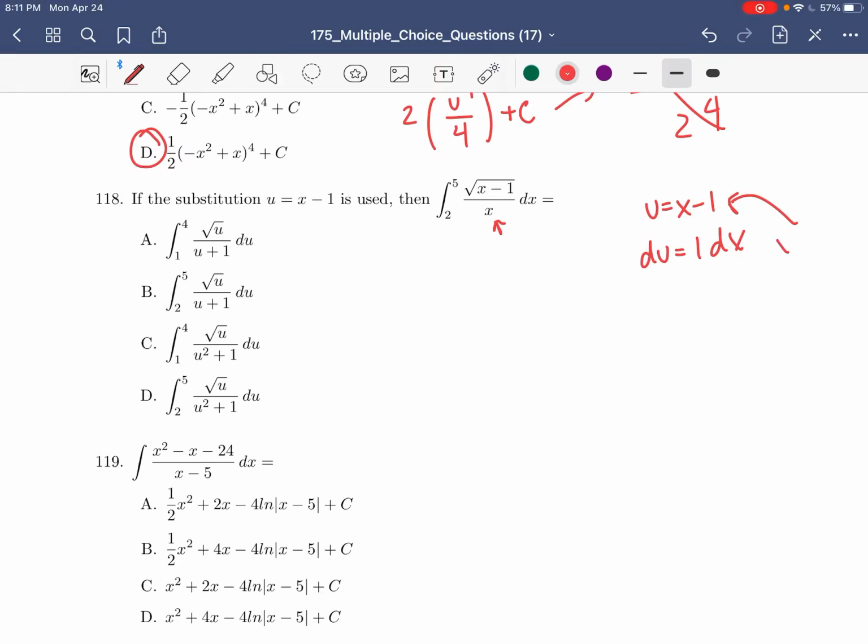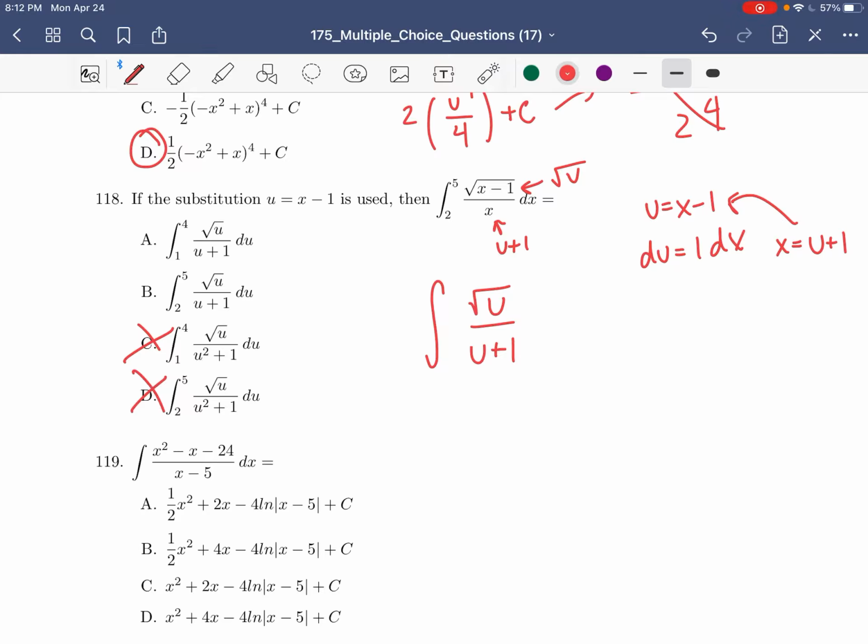So we're going to have to use that method, or we're going to change this around. So I also know that x equals u plus 1. So I'm going to replace this bottom x with u plus 1, and I'm going to replace this top with square root of u. So when I set my integral, it's going to become square root of u over u plus 1.